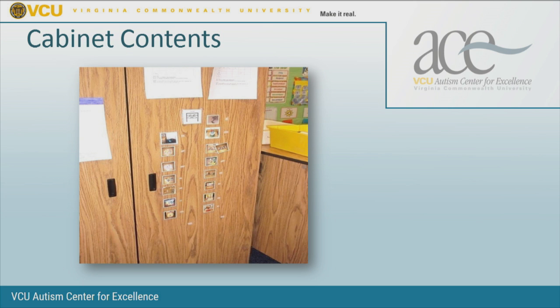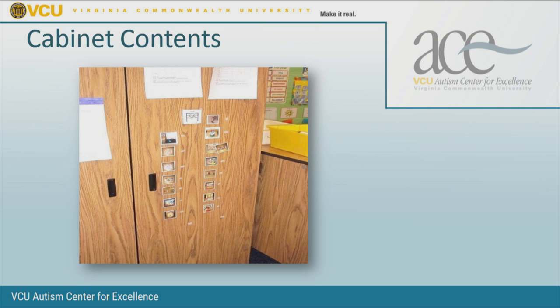This is an example of a closet that I have in my classroom. All of my choice activities are located inside that closet. The pictures outside represent the toys that are inside. I have a choice board in my classroom that also has matching pictures for each of those activities. When my students make a choice, they go to the choice board, select the picture they want, and then basically sign out the toy that they're using by matching it to the picture on the door.